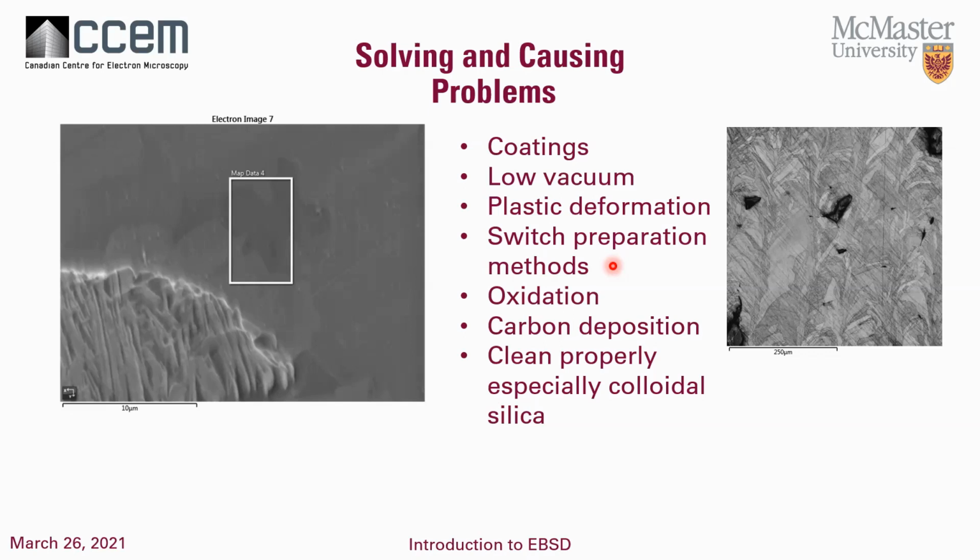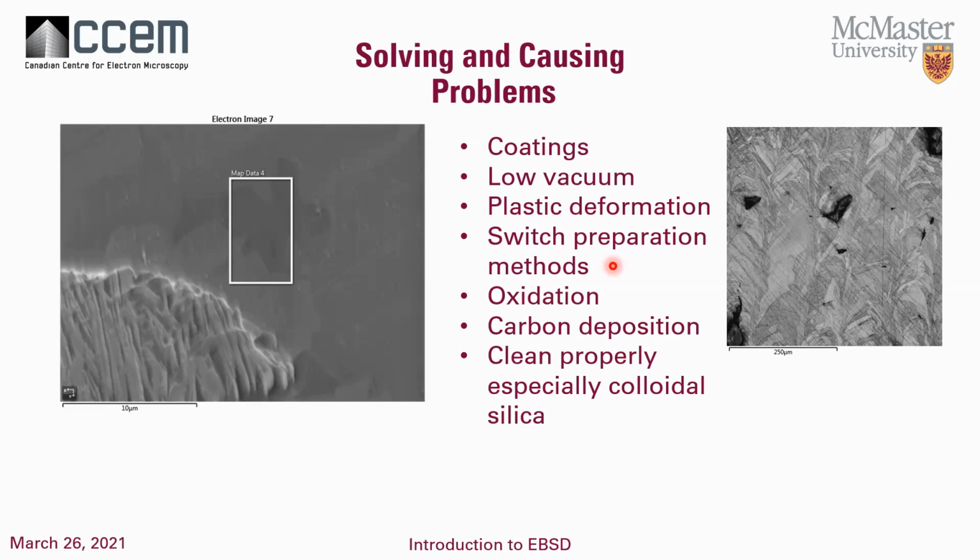Even in the case of carbon coating, where you maybe want to reduce the charge because you don't want to have any drifting when you're collecting over a long period of time, if you make the carbon coating too thick, you can also reduce the intensity of the pattern that you're looking at. So you have to keep that in mind.